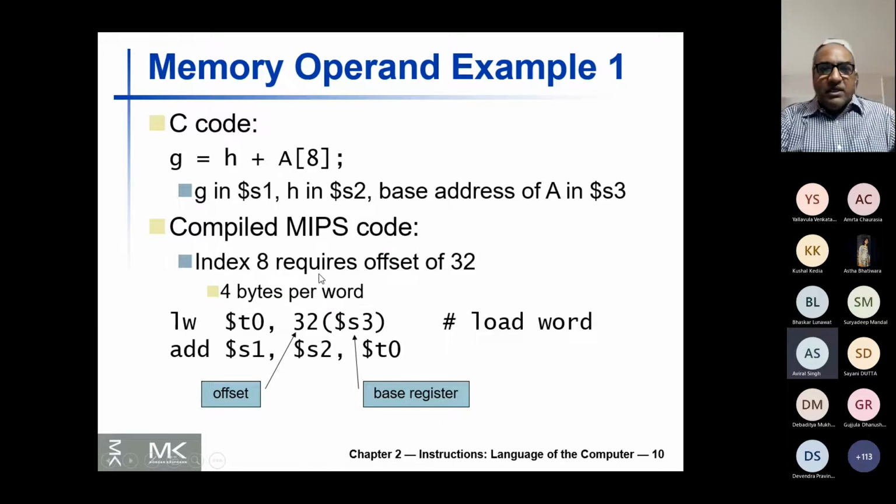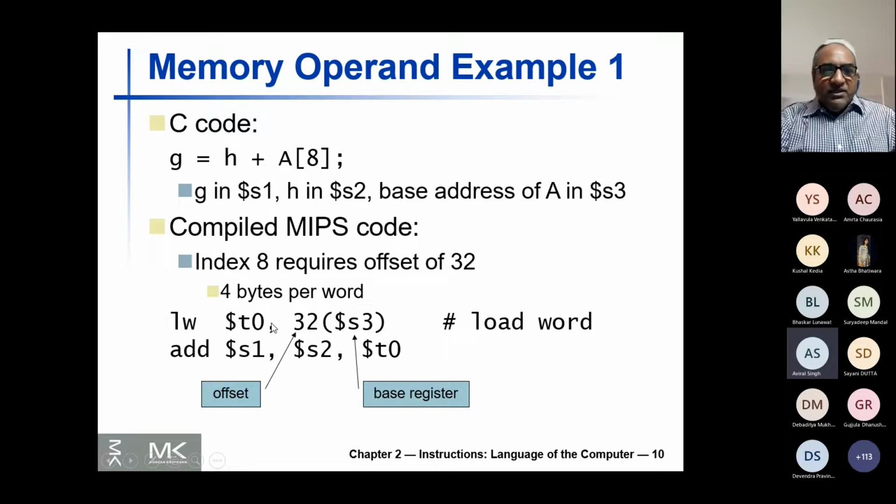Since each word takes 4 bytes, it is at 32 bytes. So we need to add this offset of 32 to the base address in S3 to get the address of the desired word in memory.